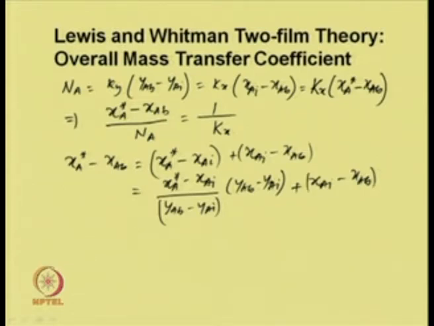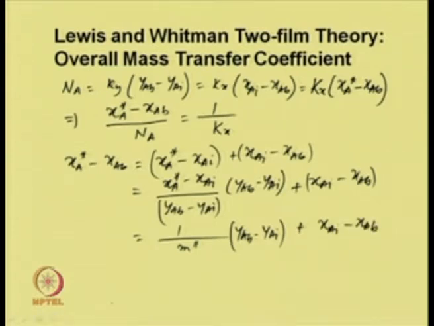So, this is 1 by m'', and this will be into (y_Ab minus y_Ai) plus x_Ai minus x_Ab.